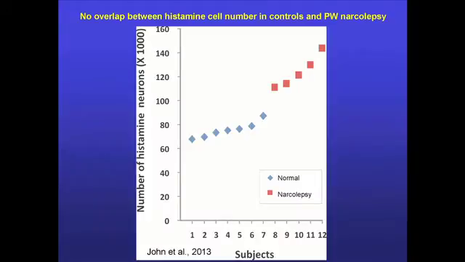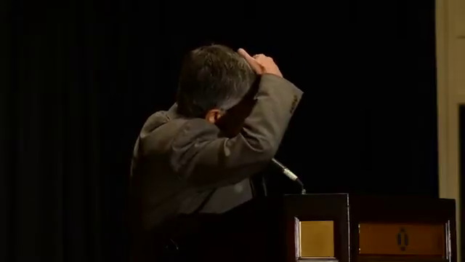So this is a plot of the subjects we studied. The controls are in blue, and the people with narcolepsy are in red, and they're plotted according to the number of cells. And you see there's no overlap whatsoever, that the number is higher in all of the narcoleptics than in any of the controls.